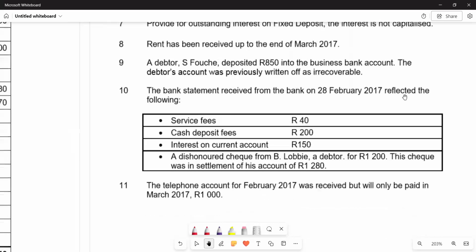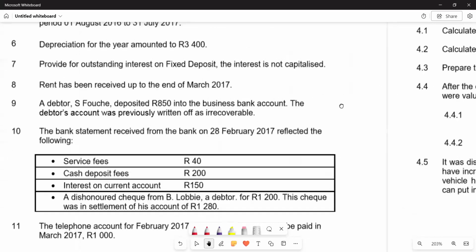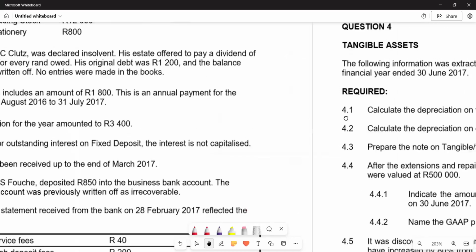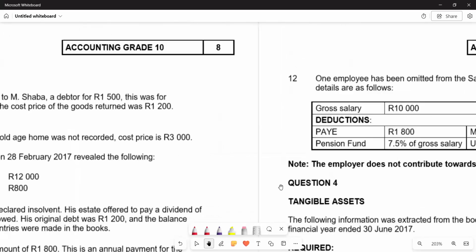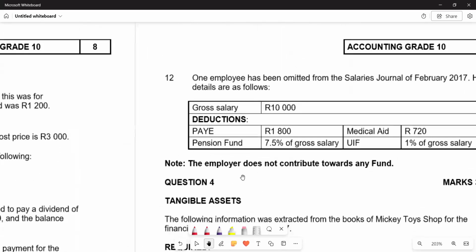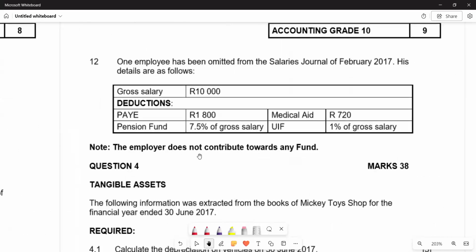After that, we also have additional information stretching to additional information number 12. The last additional information is on employee gross salary, a summary, and then we've got deductions, and at the end of the question we are given a note, which is that the employer does not contribute towards any fund. So we have to take note of that.